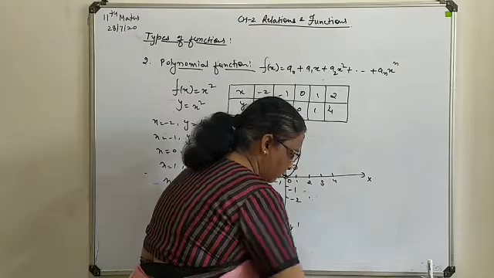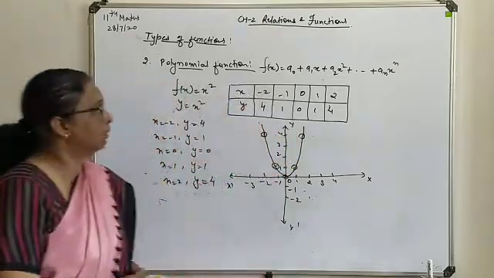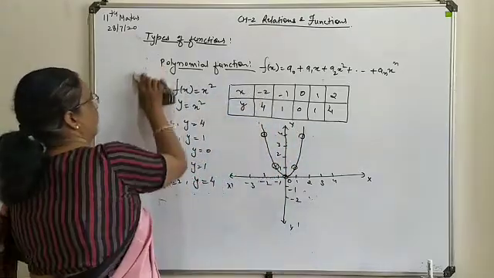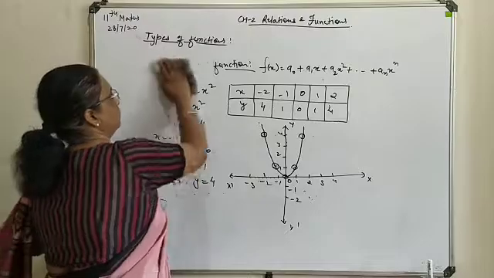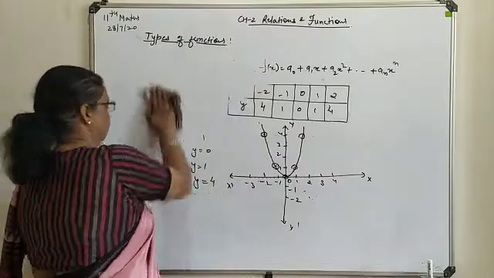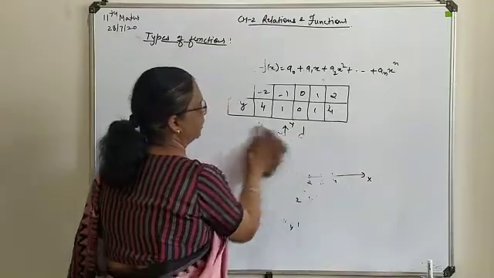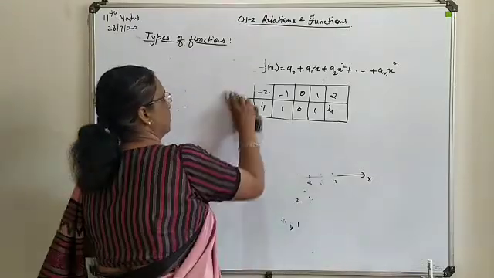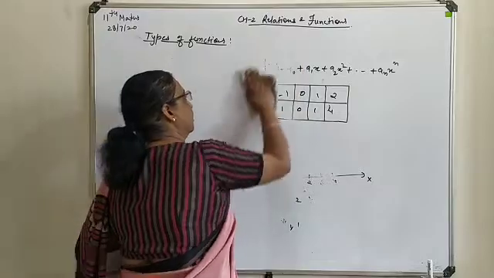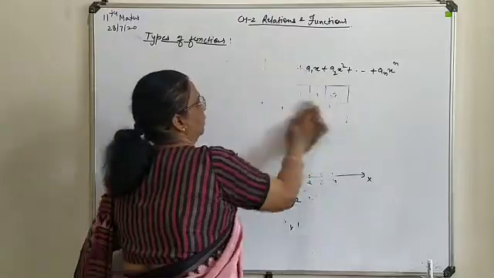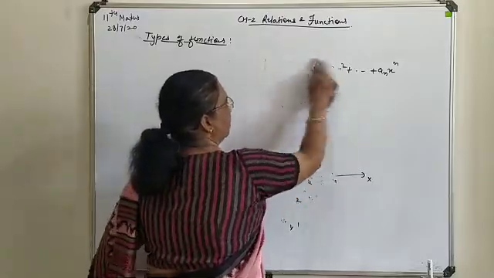Next we come to the category of rational functions. That is a very normal thing. Any function can be expressed in terms of a fraction in which certain criteria are to be fulfilled.